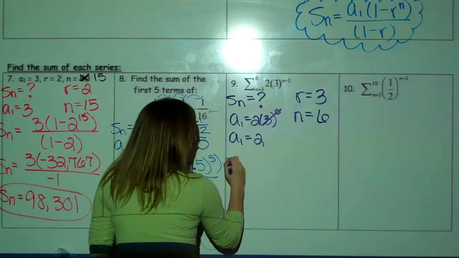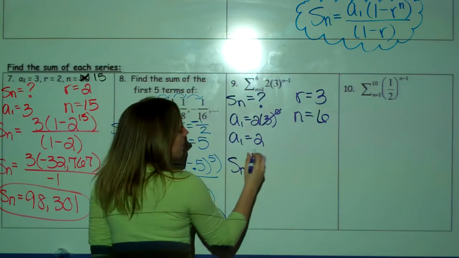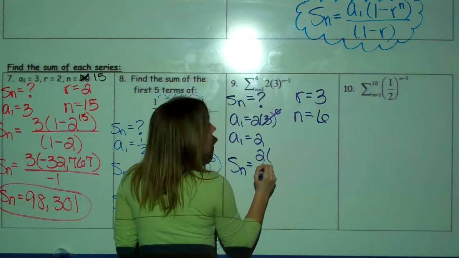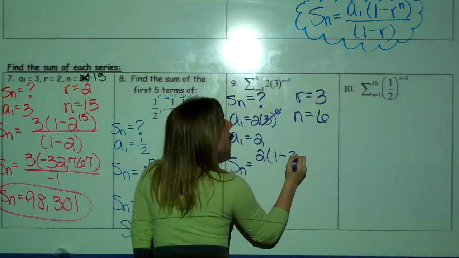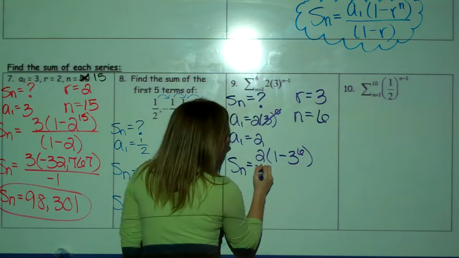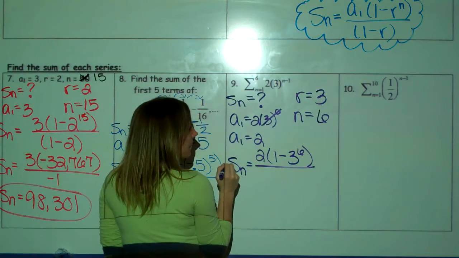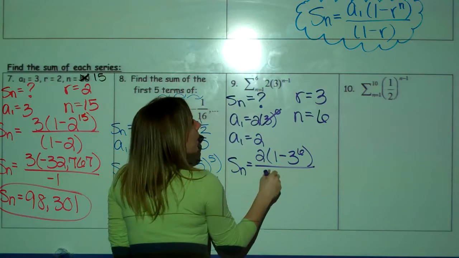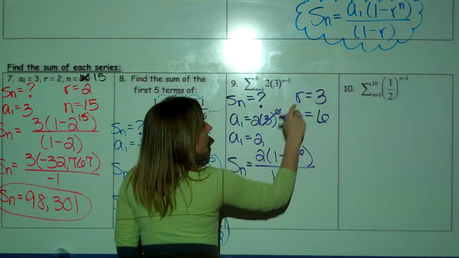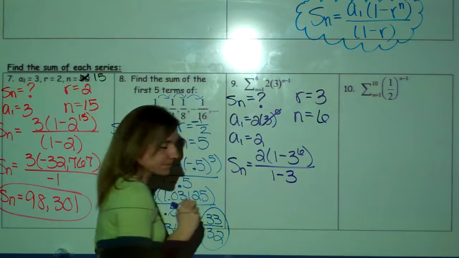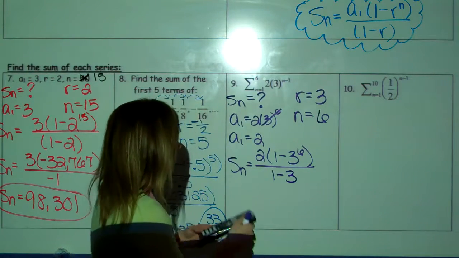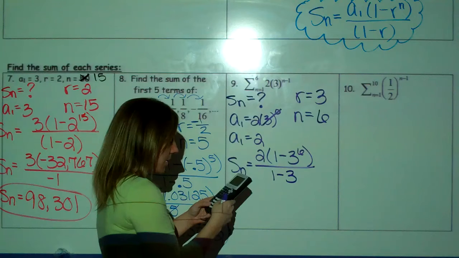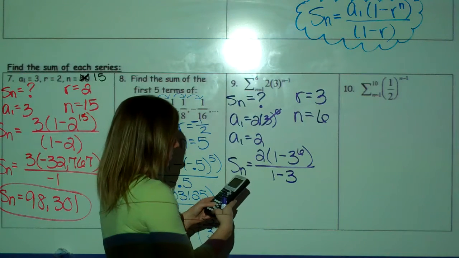Now we plug it into the formula. The first term, which is 2, times 1 minus 3 to the 6th power over 1 minus the ratio, which is 3. So this is a lot nicer. There's no decimals or fractions. So 1 minus 3 to the 6th.